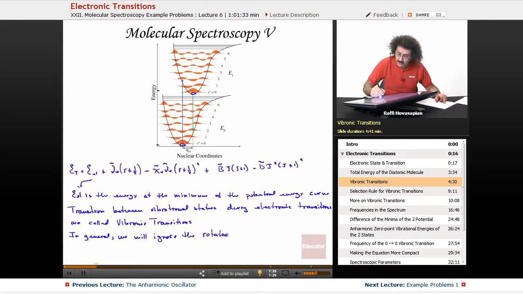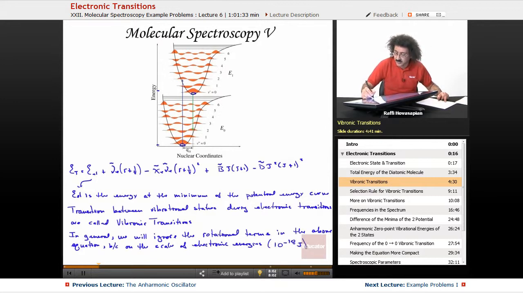And the reason is because on the scale of electronic energies, well, we're talking about 10 to the negative 18 joules.